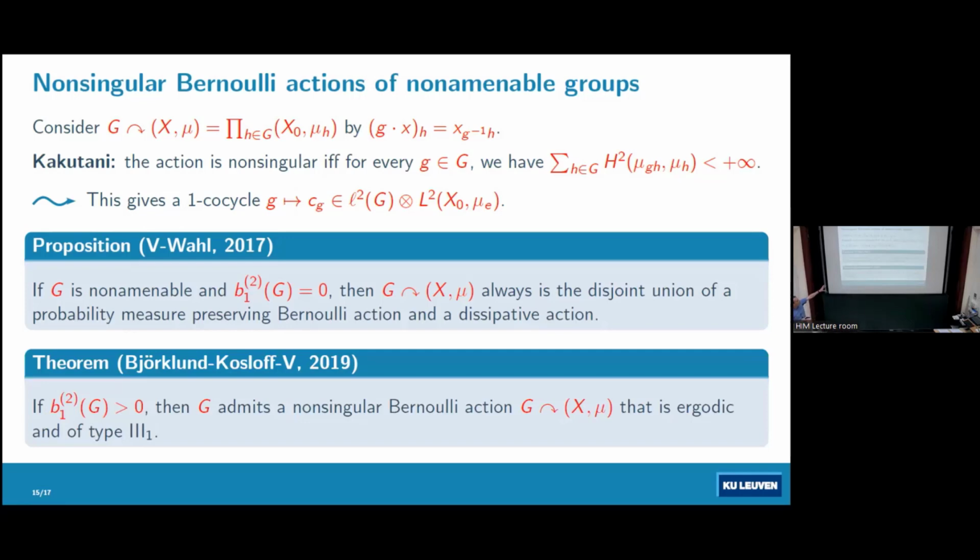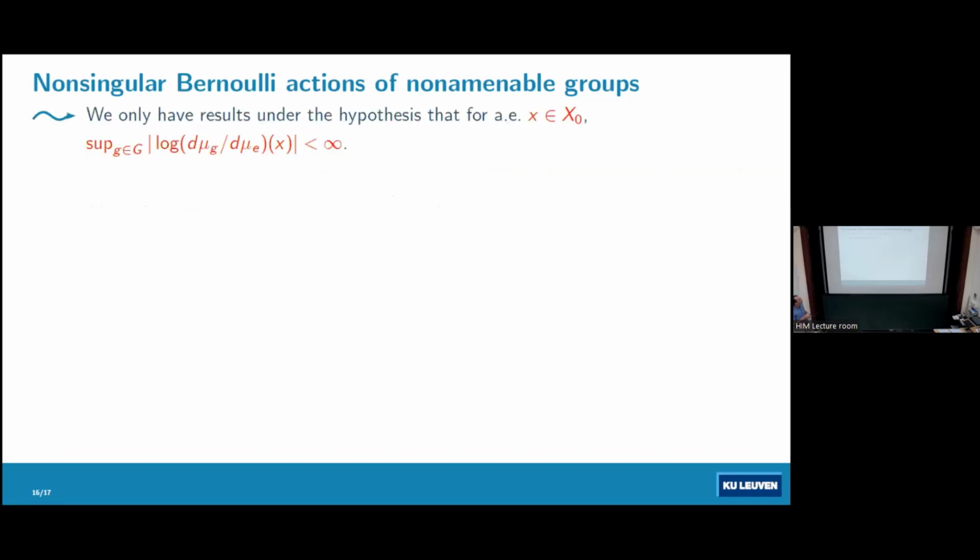I will now try to show you a few results, much less definitive, that give you criteria for ergodicity and type for such a general Bernoulli action. It's less understood than for the case of Z, and it gets a little bit more messy.